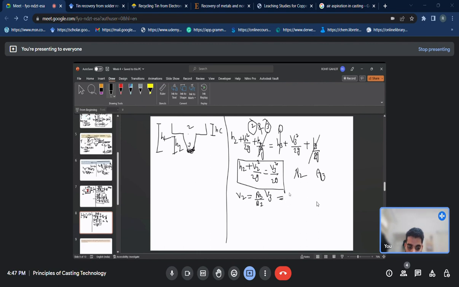Suppose this term A3 by A2 is R, then V2 is R times V3. Then H2 will be equal to V3 square by 2G into 1 minus R square.